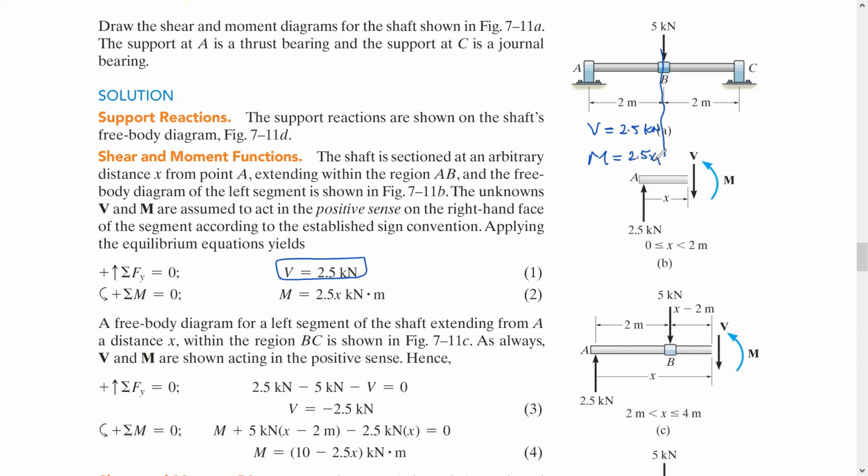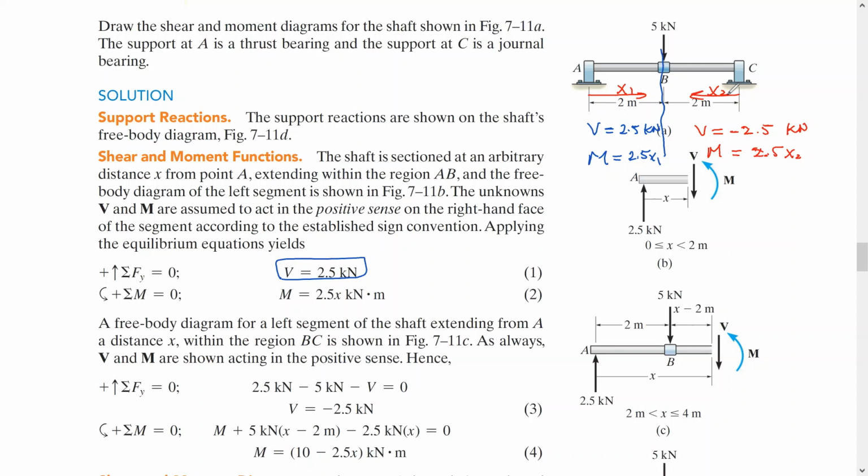In the other part, we have V equal to minus 2.5 kilonewton, and the moment is equal to 2.5 x2, where x1 is from here and x2 is from here. This is how we can get the shear and moment equations, and by getting these we can now draw the shear and bending moment diagram.